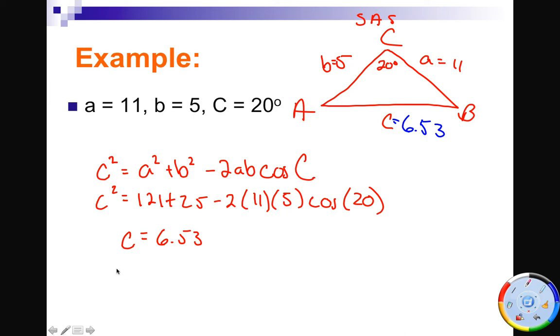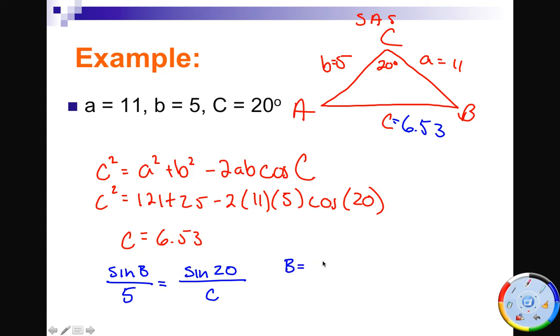So since I'm looking for an angle, let's say sine of big B over 5 is equal to the sine of 20 over little c. And I'm going to use the exact answer like I've been doing before, and multiply by 5 and take the sine inverse.